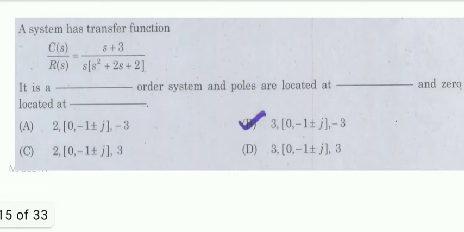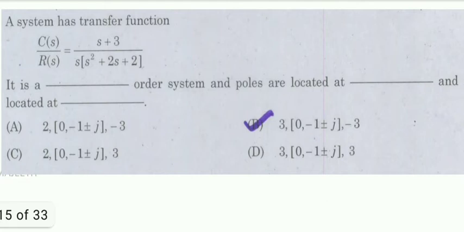Next one, a system has transfer function C(s)/R(s) equal to (s plus 3) divided by s into (s squared plus 2s plus 2). So it is a dash order system. Order means the total maximum power of the denominator of the transfer function. We have to take the denominator only.